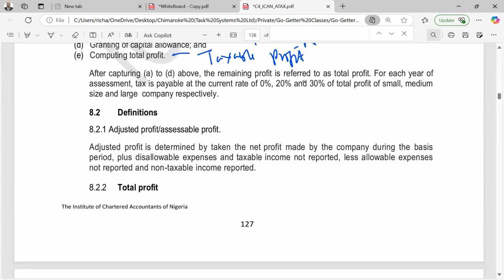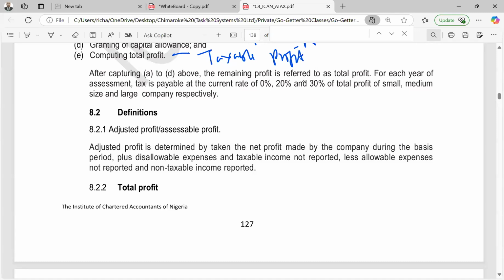And so the tax accountant is going to look at the account taken by the financial accountant and do some adjustments. And so there are some profits that are not supposed to be charged under the company income tax.